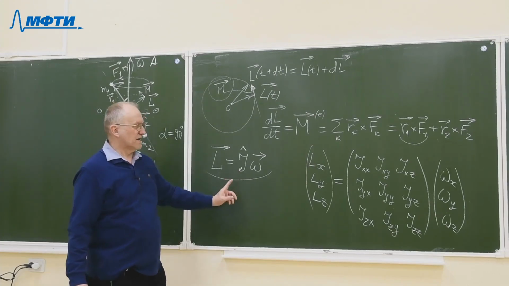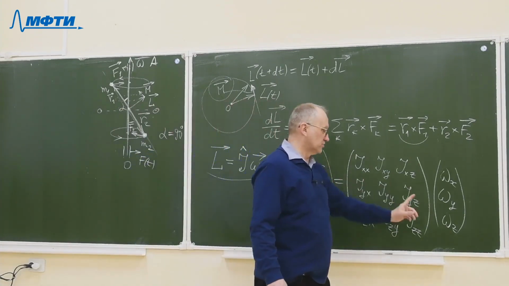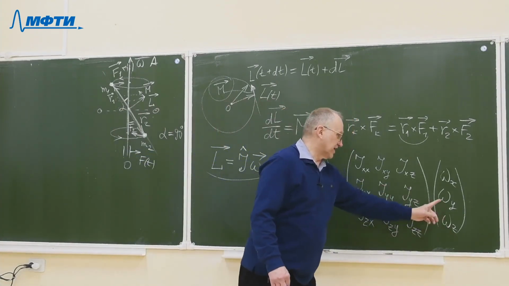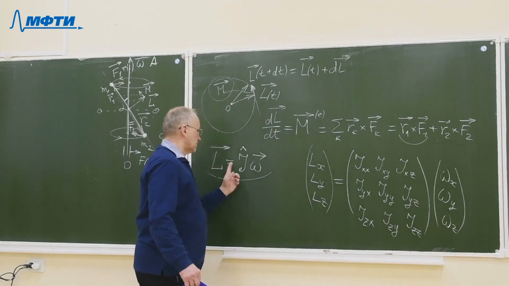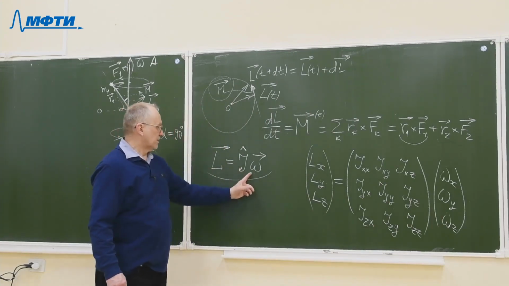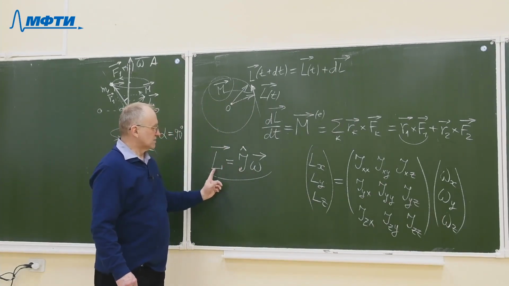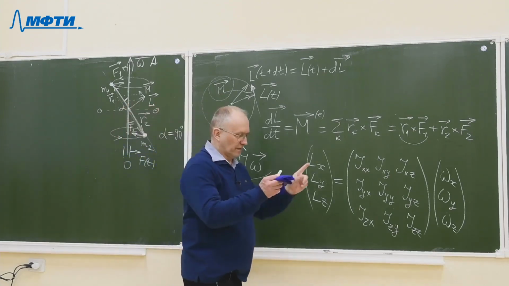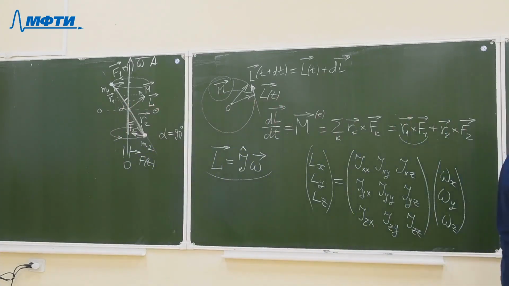It must have many components in order to ensure that the first vector and the second vector in this equality do not coincide. The directions of these vectors do not coincide.